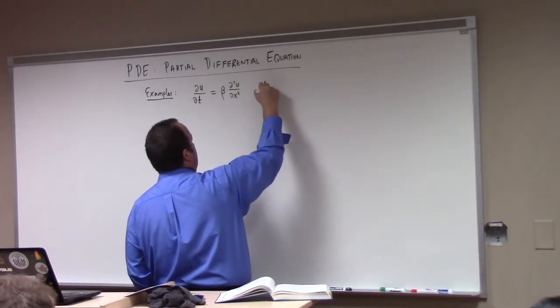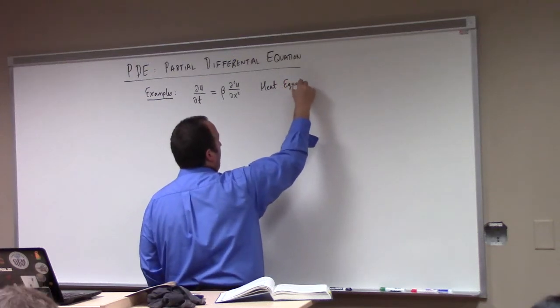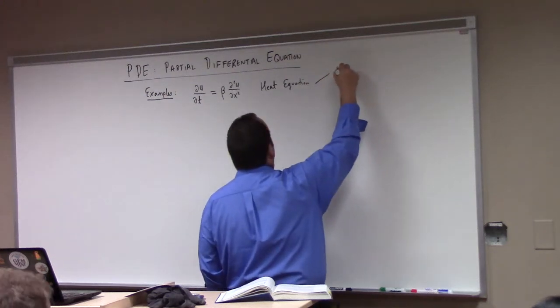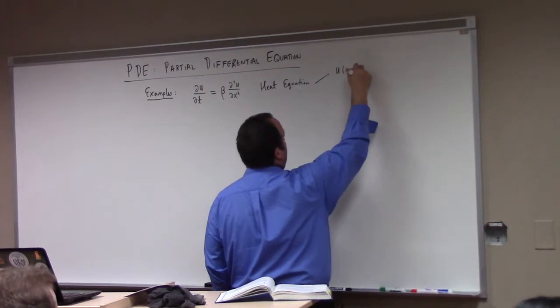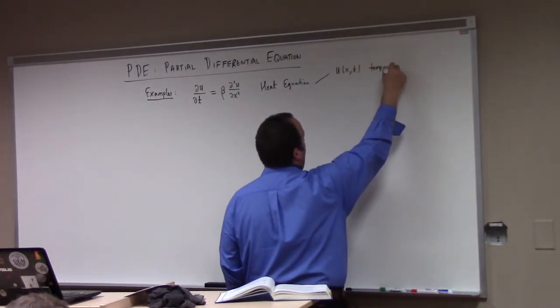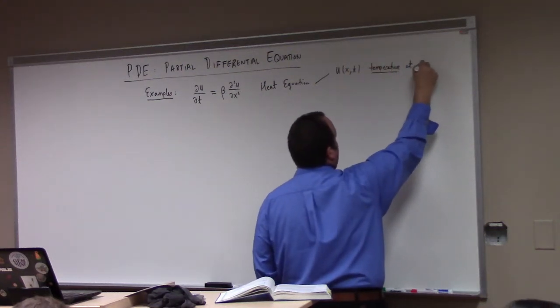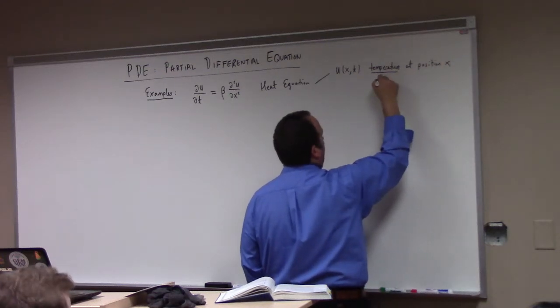So this is the so-called heat equation. Here, u is a function of x and t. This is the temperature, the temperature at position x at time t.